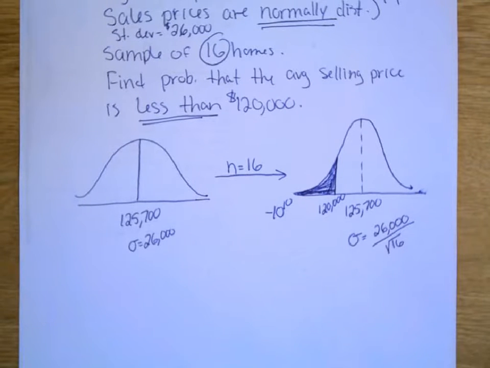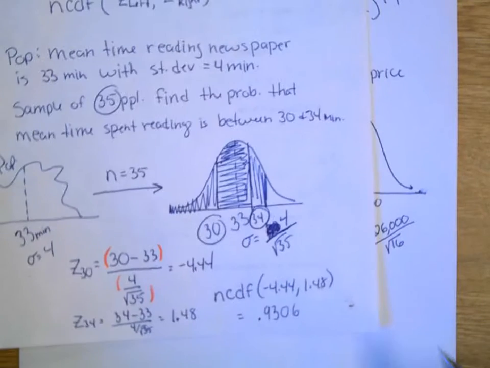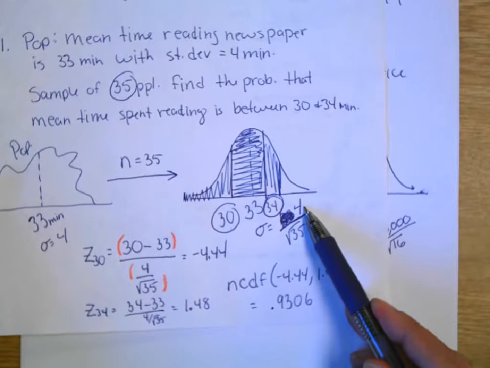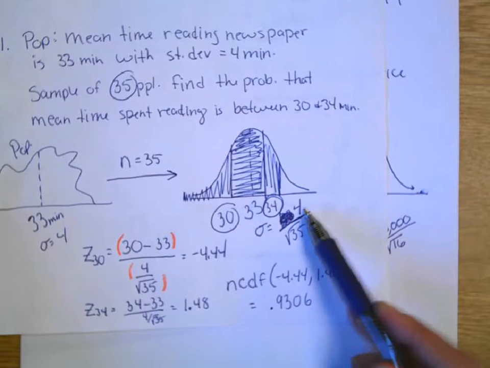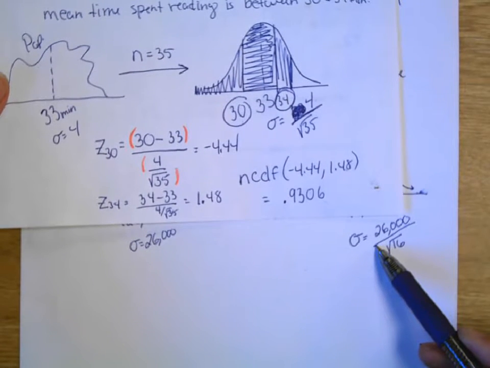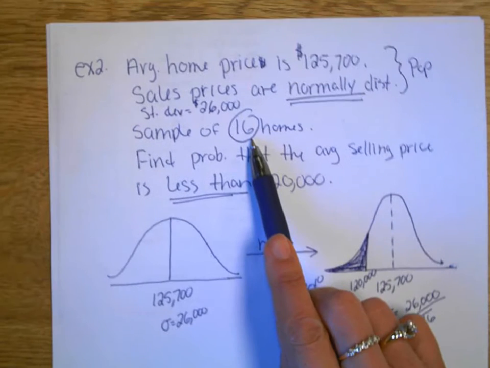When I switched this number to a 4, did you catch that switch? Yeah, I have it on my laptop. Well, then how is this different than this? Why is it the square root of 16? I took 35 here, and I took 16 here.